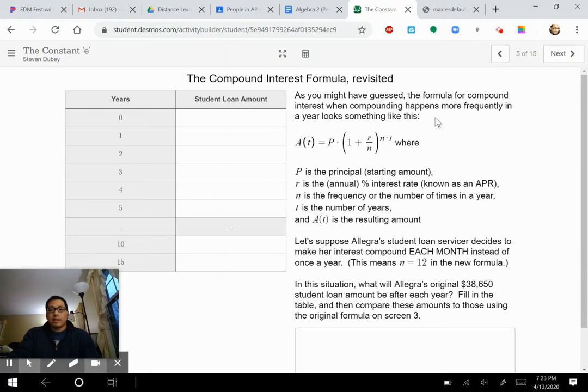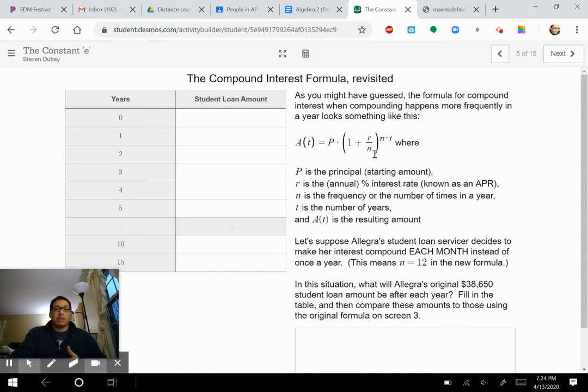As you might have guessed, let's see. Okay, we're going to the next screen here. The formula for compound interest when this compounding happens more frequently during the year looks something like this. So it's kind of like what we just did. You take your interest rate and divide it by how many increments throughout the year that you want it to get compounded. And then in 1 year, it's going to happen that many times.